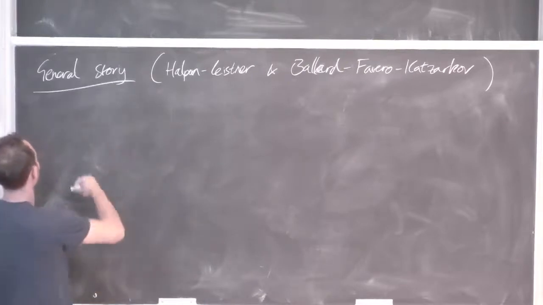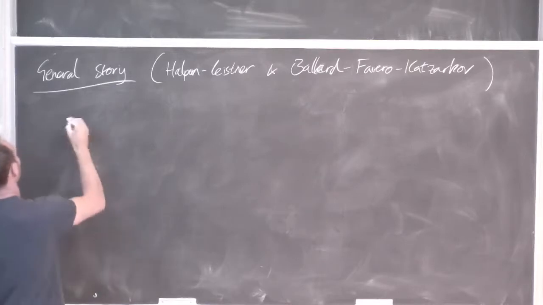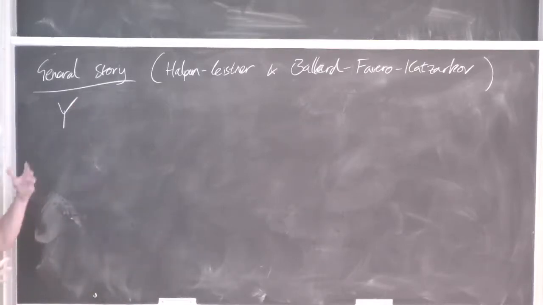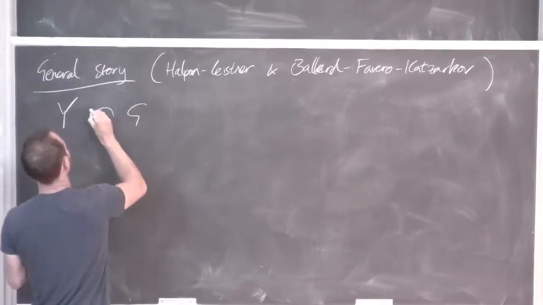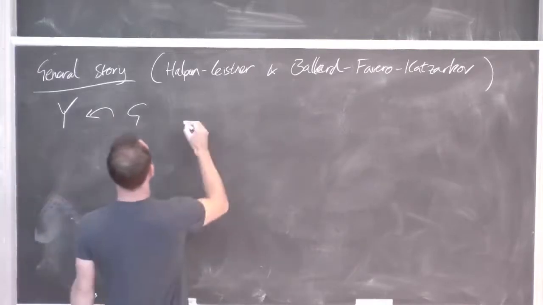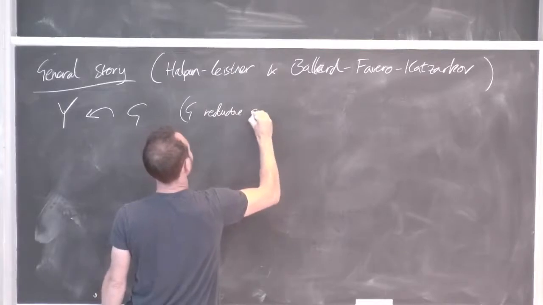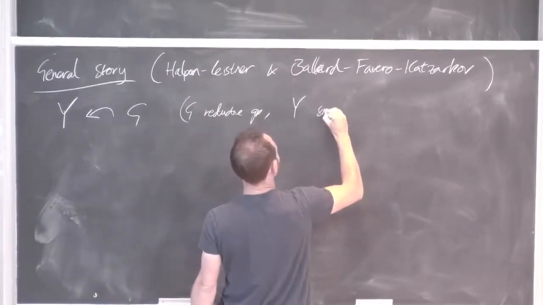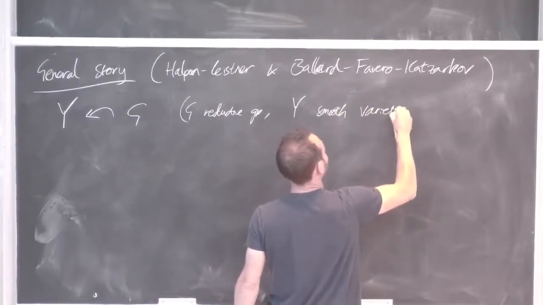But the general story is that you have, again, a quotient variety. So you have a bigger variety Y, which for us was just a vector space, and you have an action on it of a reductive group, which for us was just C star. Y is probably a smooth variety, or you can just about get away with some singular things.